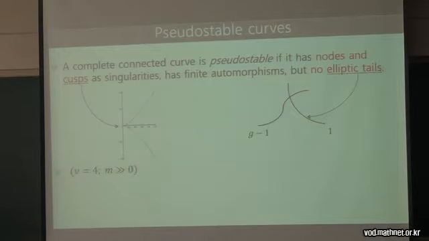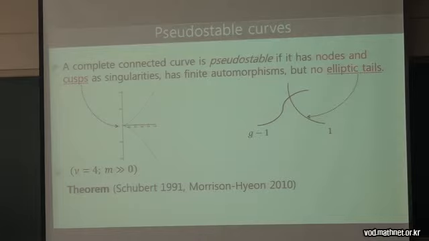And how does it come about in the moduli space construction? When you take nu equal to 4 and m huge, whereas before Deligne-Mumford stable was nu bigger than or equal to 5, this is a different choice of embedding of the curve in the projective space.